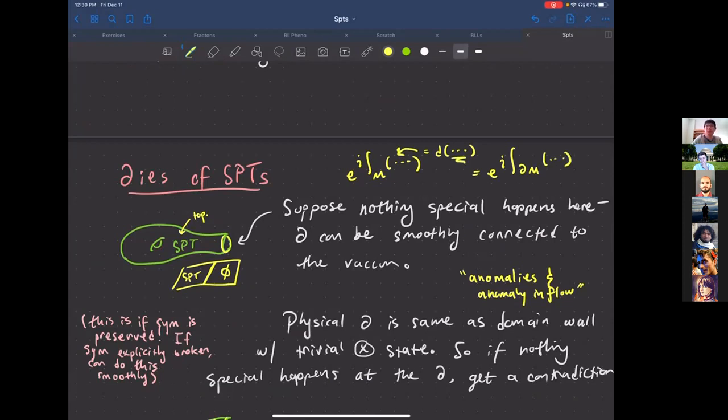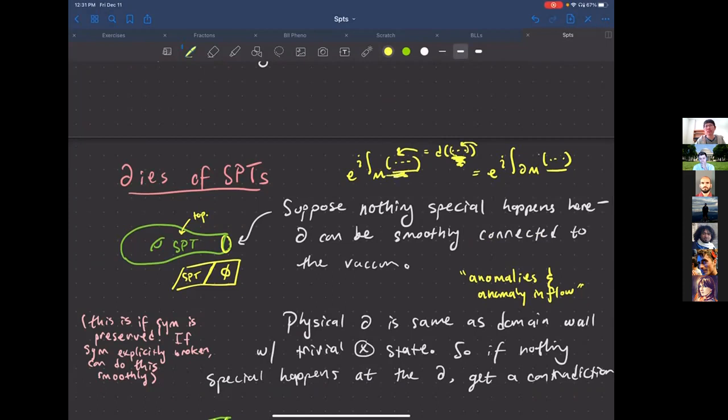But it's a general property of these response theories that this thing here is not well defined by itself. That just comes from writing this topological response action as a total derivative. When you write this as a total derivative, the thing inside the derivative is not well defined, because I can add derivatives, exact forms, if you will, to this stuff and change the thing that's in here while preserving the bulk.